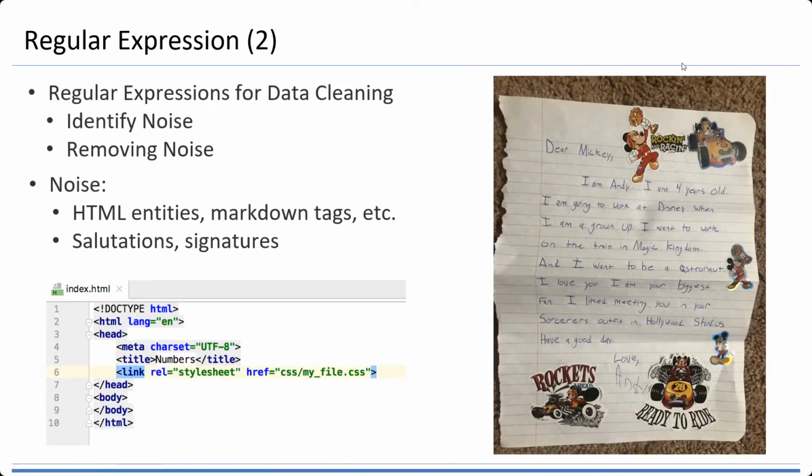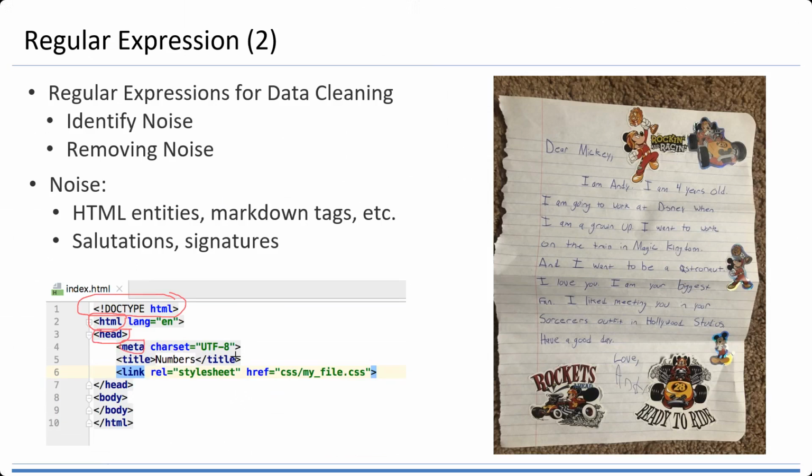So the noise can be in anything, in any documents, for example, in the HTML entities. In the HTML, we can see noise such as the tags. We know that HTML needs a structure: they need the head, they need the meta, etc. But this is only for the program, for the coding.